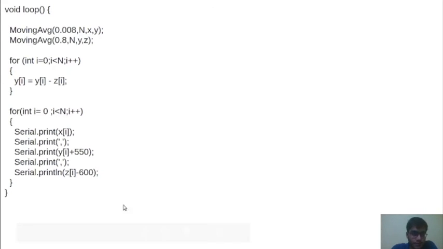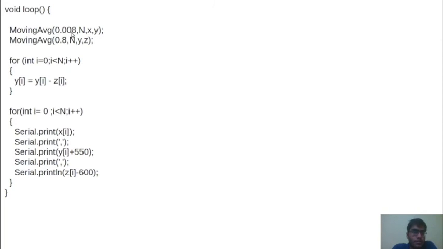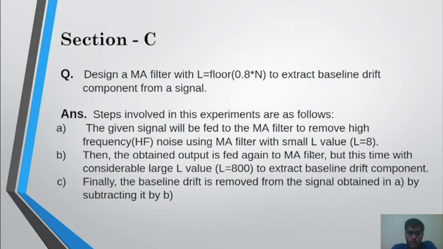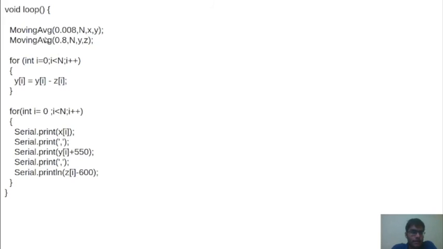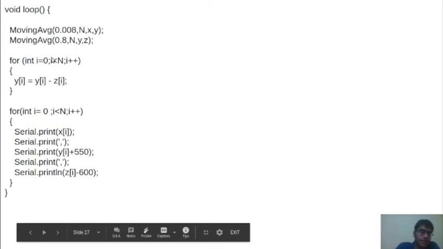Now this is the main loop, which runs continuously. First we call the moving average function giving 0.008 as the factor, and then we give 0.8 as the factor. So this one represents L equal to 8, a very small L value, and this 0.8 represents L equal to 800, which is a larger value.